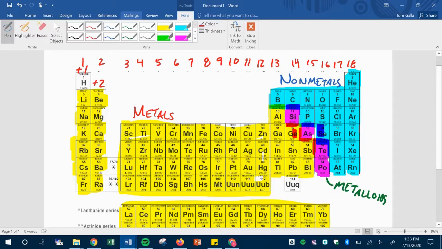So beryllium, magnesium, calcium, strontium, barium, radium, all of these elements only form a +2 charge. Now we skip this center section, which we refer to as our transition metals, and we'll talk more about those later. Over here is where we come back to our nonmetals with boron, which forms a +3 charge. Then carbon, which is plus or minus 4.